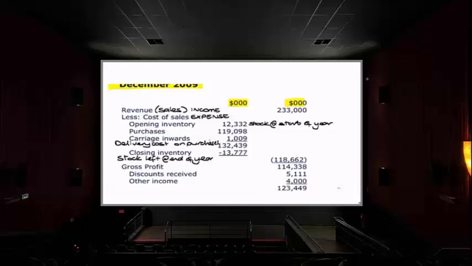them yet. So, can you see then that opening inventory plus purchases plus carriage inwards less closing inventory is going to equal total cost of sales. And that would be your total expense, that 118,662.